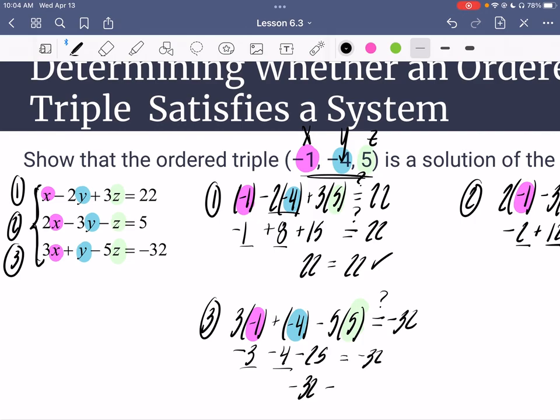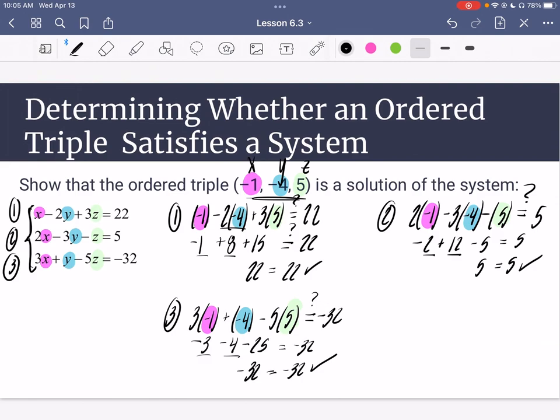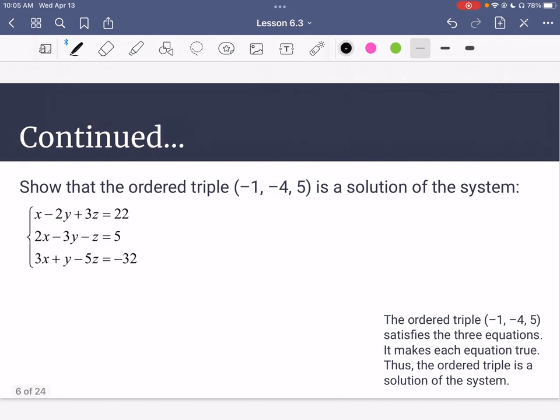So the left and the right side do match. And then therefore, this tells us that yes, in fact, -1, -4, comma 5, that is a solution to this system of three equations with three variables. Okay, so we just verified this. That's all that this slide tells us here.